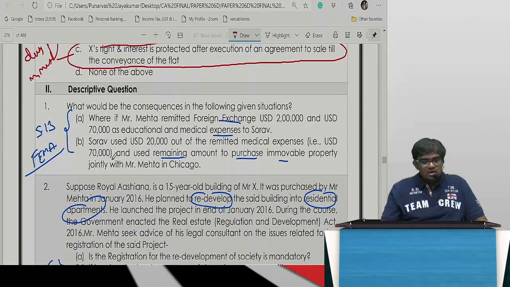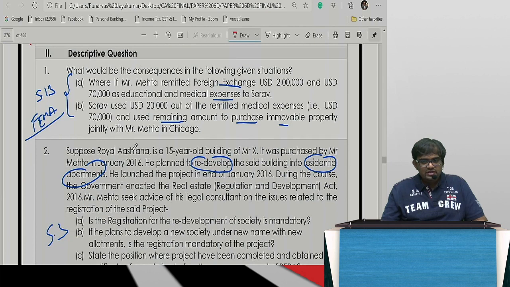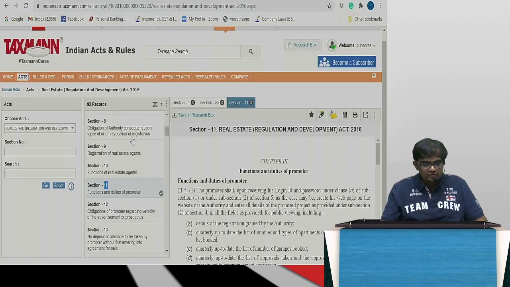Done. What would be the consequence in the following given situations? Mr. Mehta remitted foreign exchange of 2 lakh and USD 70,000. Same, we discussed this 3 times, 60,000. 20,000 are remitted for medical expenses and the remaining part is used to purchase immovable property. Can you purchase immovable property and all those things? If you see, section 13 has all the penalty provisions. So you can go to section 13 of FEMA.